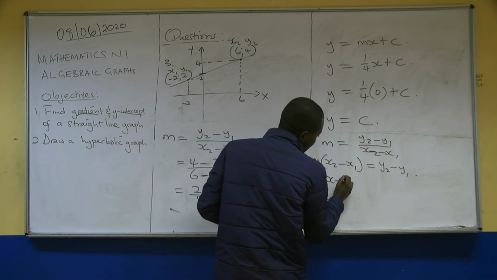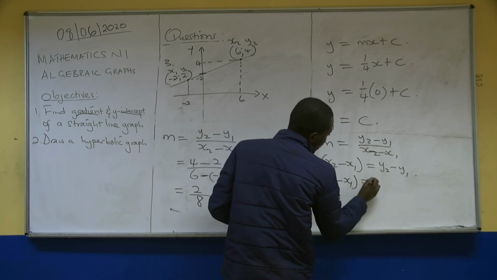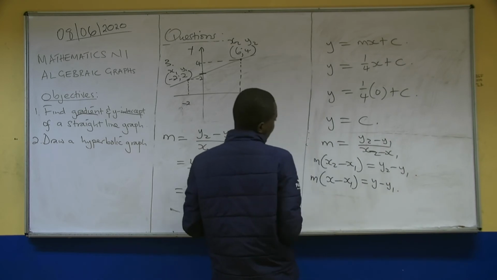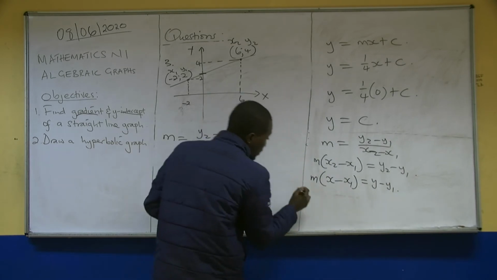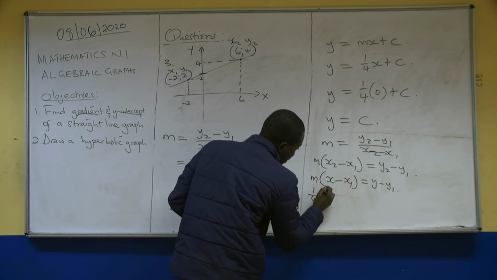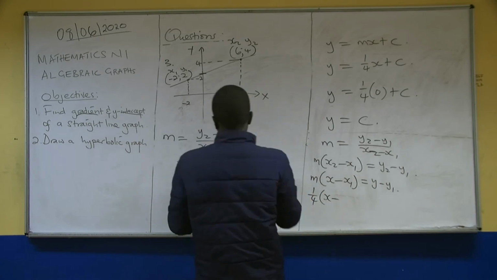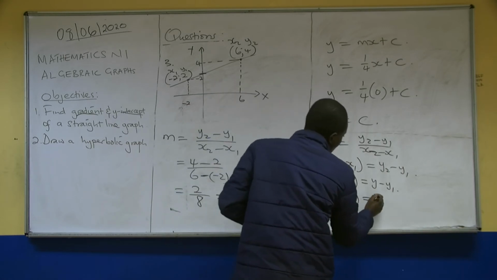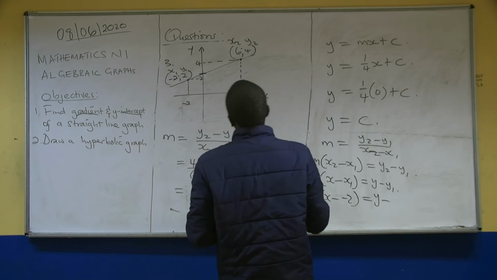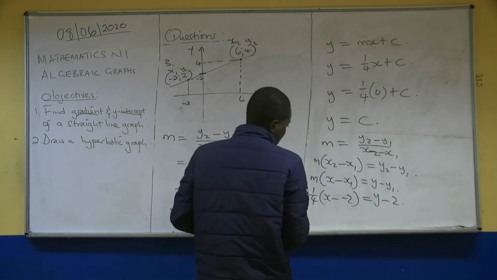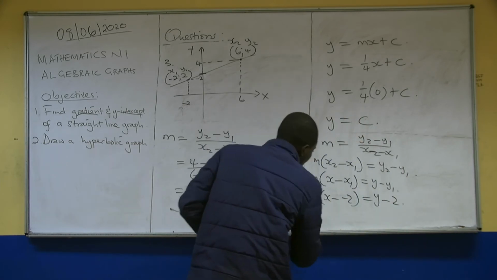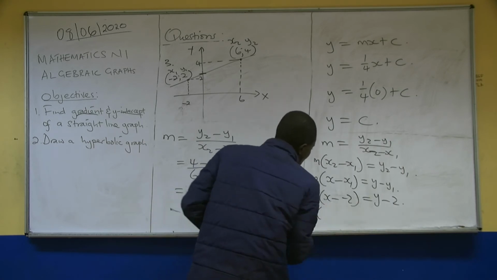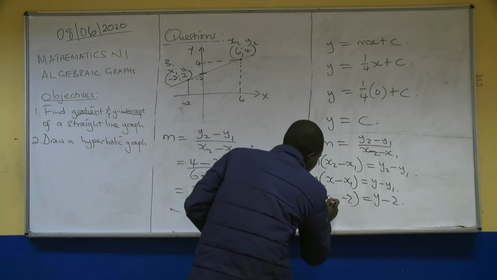So in other words, we can write it as m, then we have x minus x1 equal to y minus y1. Right, y1, x1, we already have them. M we also have. So we can say 1 over 4x minus, but what was x1? It's minus 2. Then y, what is y1? It's 2. So when we simplify here, we will then have 1 over 4.